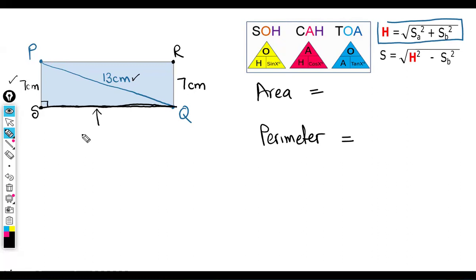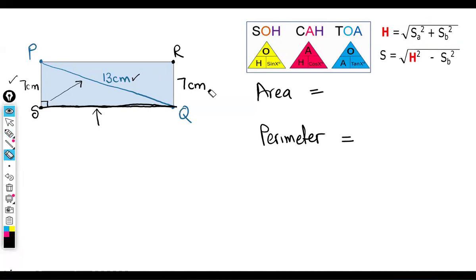Now ask yourself, if the 13 centimeters is opposite the right angle, then the 13 centimeters is the hypotenuse. SQ, well, he's a regular boring side or a leg.